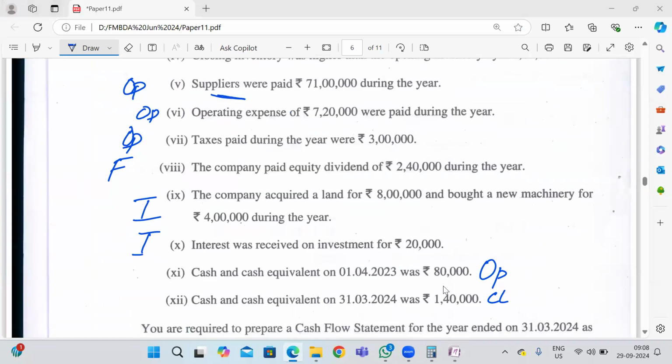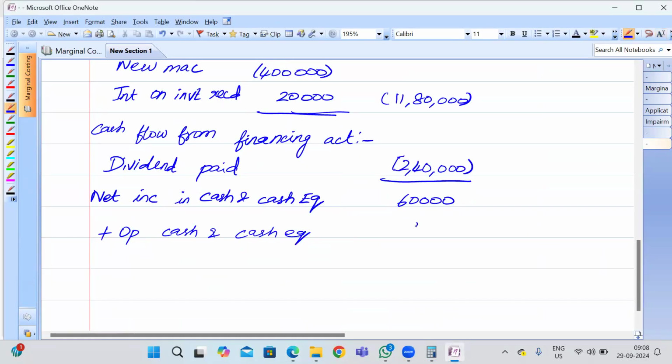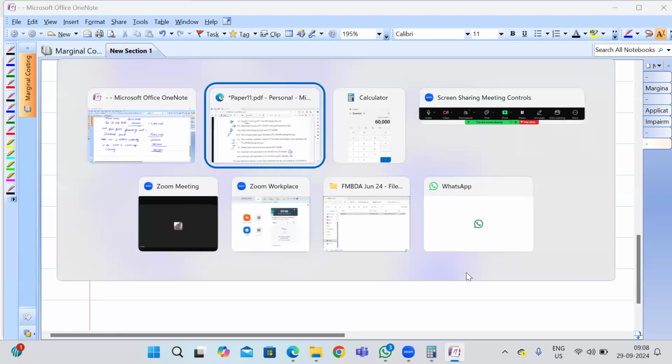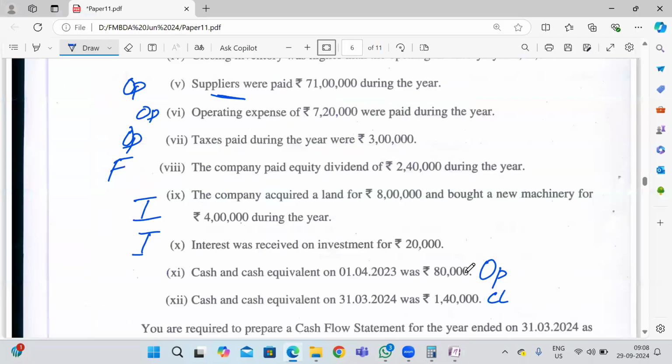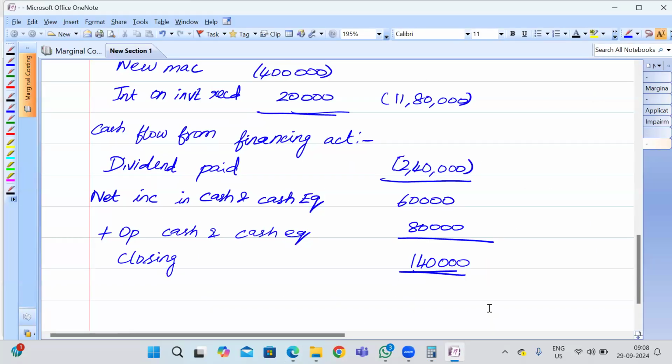It is 80,000. So I'm adding it. The answer which I'm arriving at here should be the closing cash balance, and it should match with the question. Here I'm arriving at 1,40,000. If I had committed some errors, I would need to revalidate. It is matching, so the closing balance matches with my answer, that is 1,40,000.